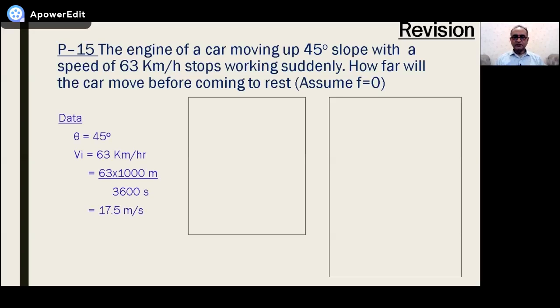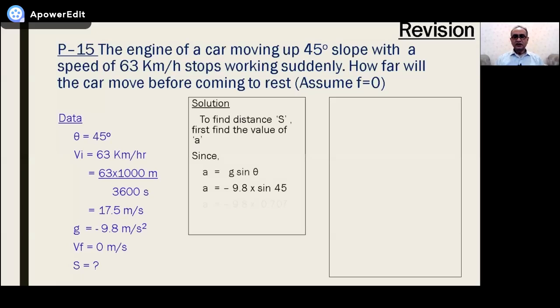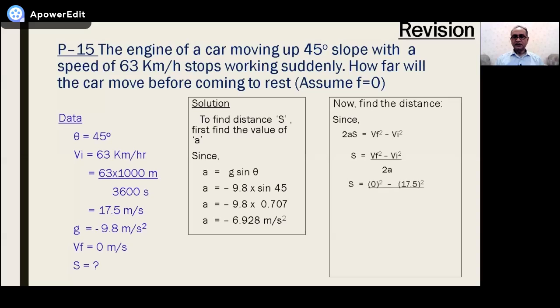The car stops, that is why its final velocity is 0. Again, we have to find the distance. In the same way, we found the acceleration first, used this formula, substituted the values, and got the result. Clear?